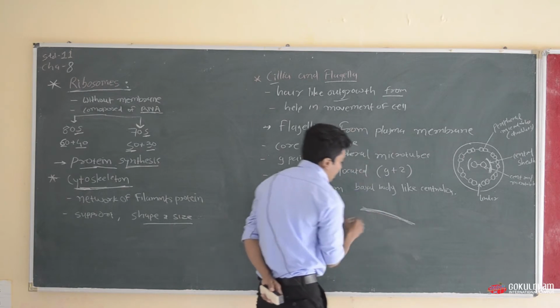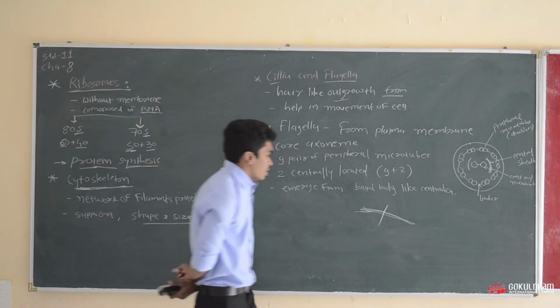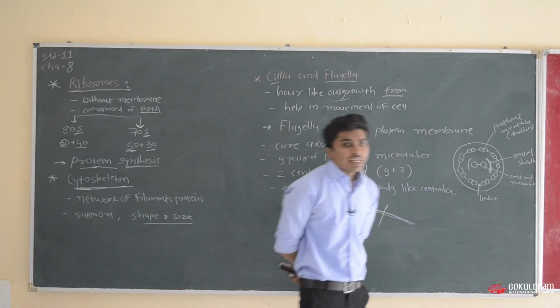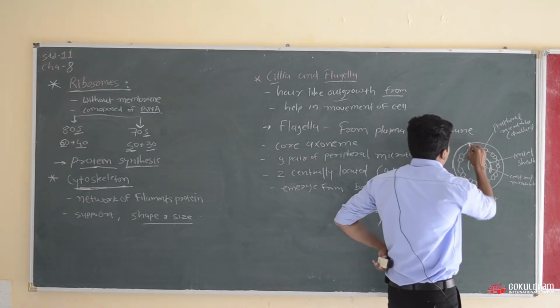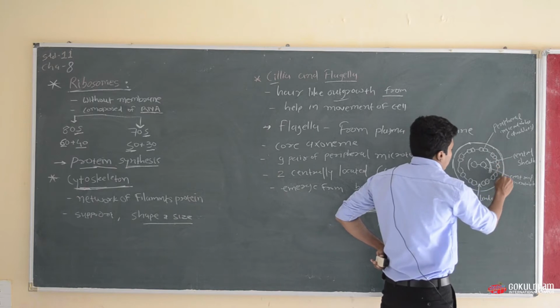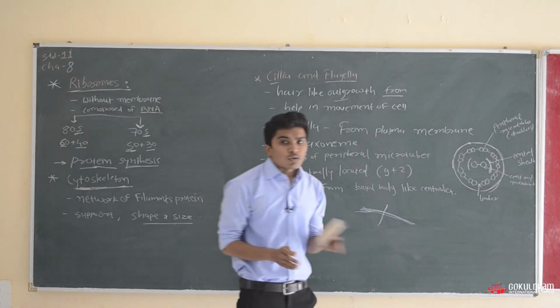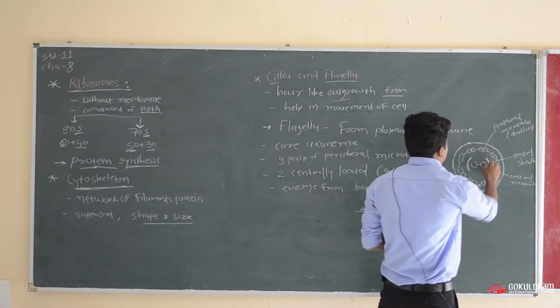Suppose this is the flagellum and we cut here and see it in the microscope. The TS of flagellum shows that the outermost membrane is made up of plasma membrane, and the core of the flagellum is known as the axoneme.